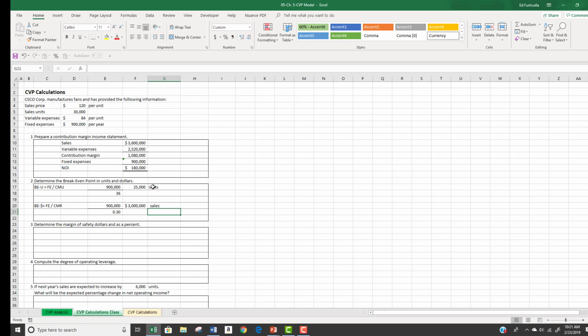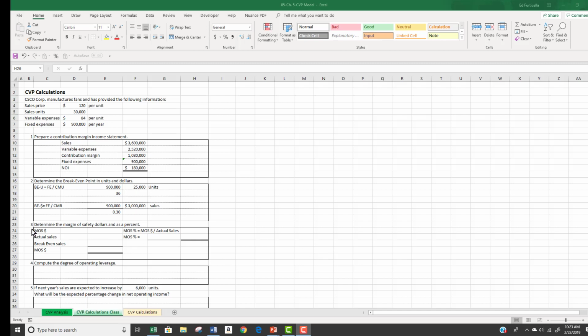All right, now let me show you something here as well. Because if I would have taken the 25,000 units and multiplied the 25,000 units times $120 per unit selling price, I'm going to get 3 million as well. But you need to be able to do these calculations all three ways.